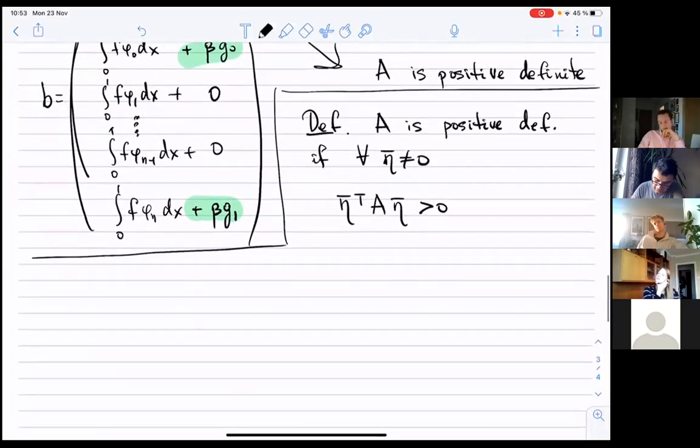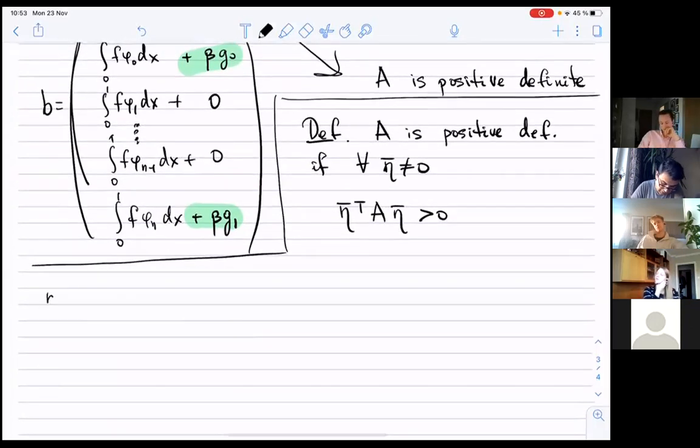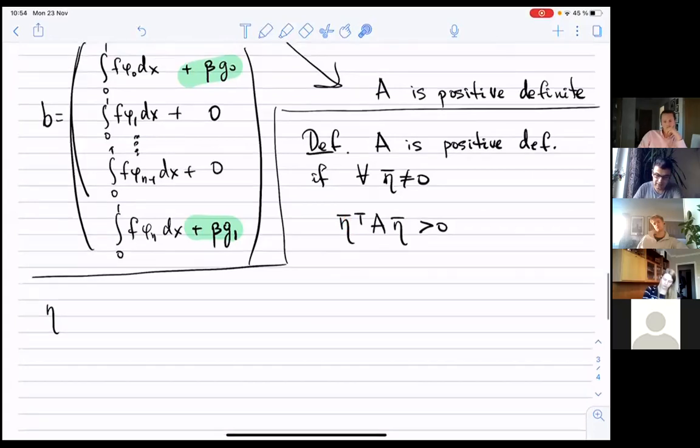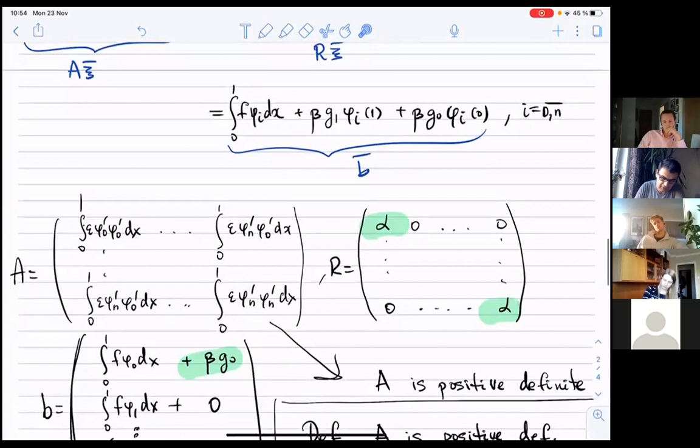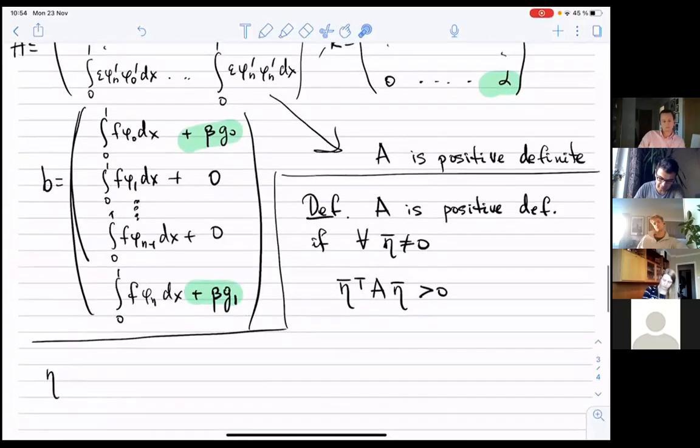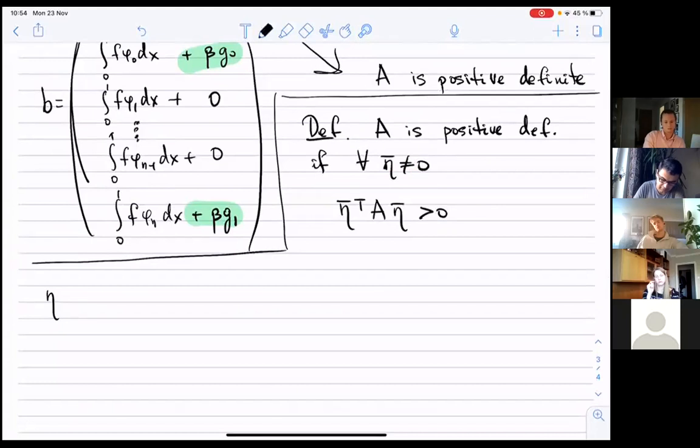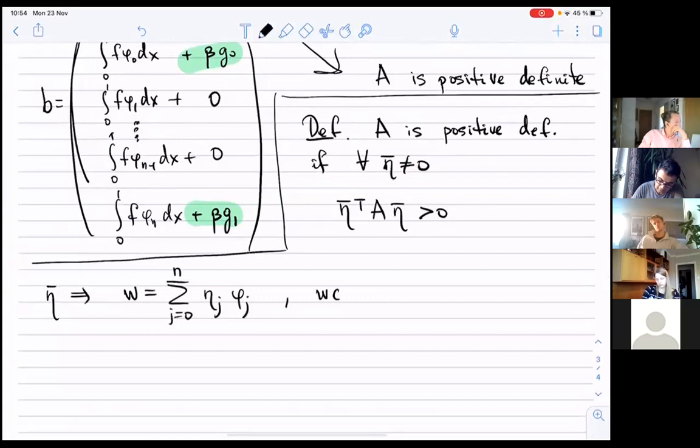So let us take this eta. Eta is a vector of coefficients, right? For example, in this situation psi is also a vector of coefficients. So if eta is non-zero, we can use eta to construct some function w as a linear combination, the sum over j equals 0 to n of eta j phi j. w is an element of this V h.